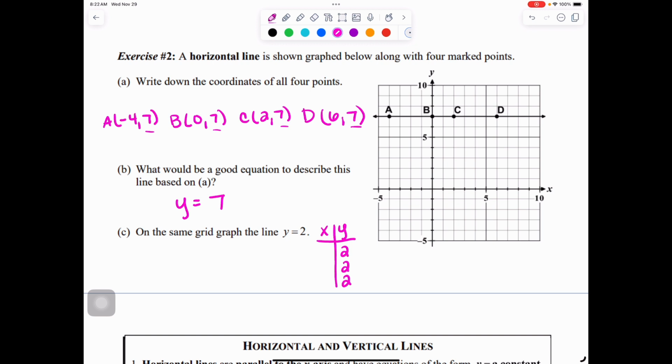So I'll write a few of them down. As you can see from our example in part A, it doesn't matter what the x's are. So I'll do negative 3, I'll do 0, I'll do 4. Then I can graph these points: (negative 3, 2), (0, 2), (4, 2).